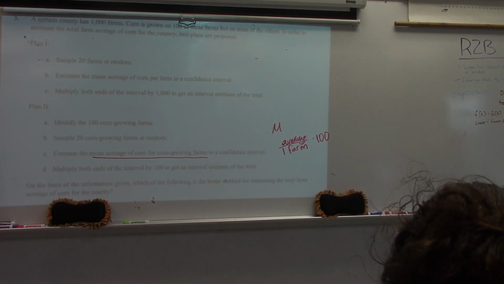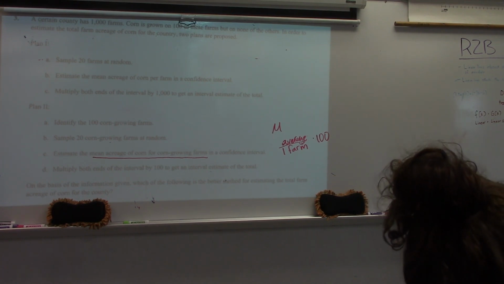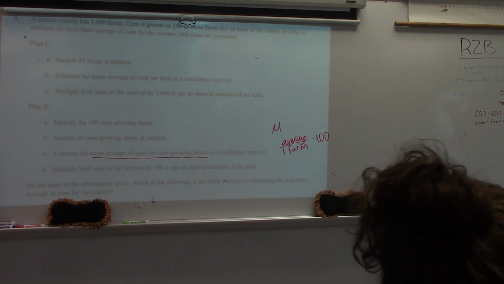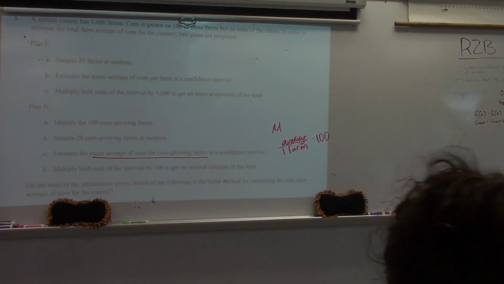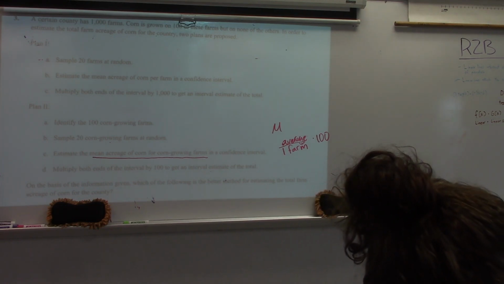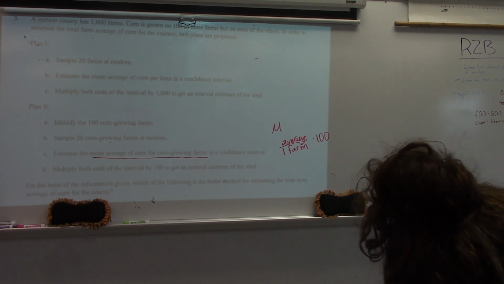We're not going to get all the corn farms. But with 2, it's the total farm acreage. That was a little bit of a trick question, but that detail was there. So remember, the average is per 1, and we want to get the total, so it'd be times 100.